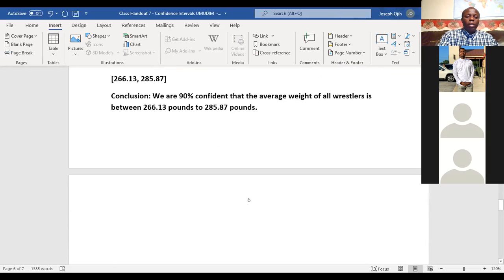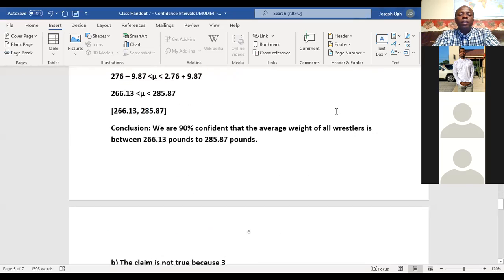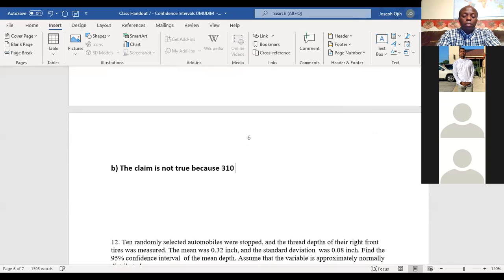The claim is not true because 310 pounds does not fall within the interval.